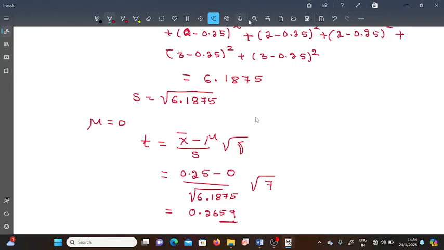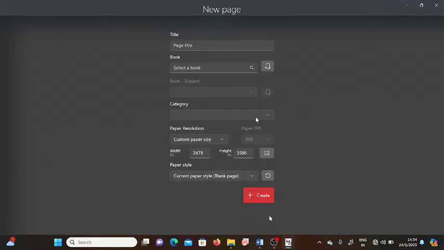Now I will take another question to test the hypothesis for the given observations.